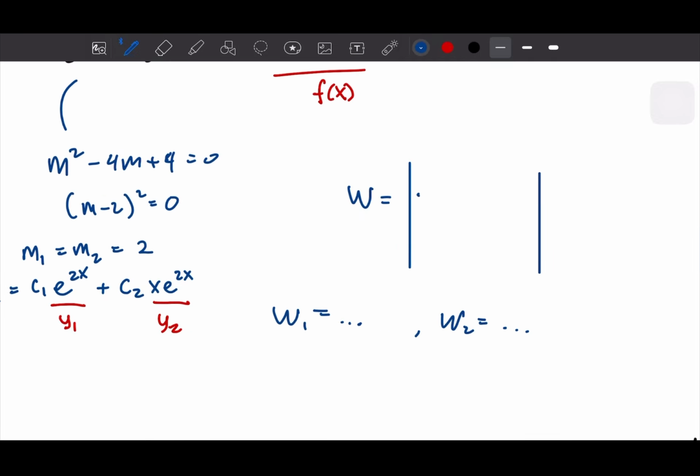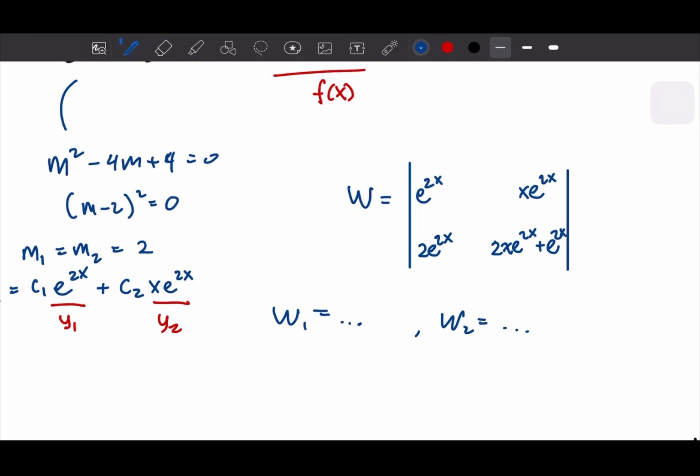Now we put y1 and y2 together here, and this will be the derivative, and this also the derivative. Okay.